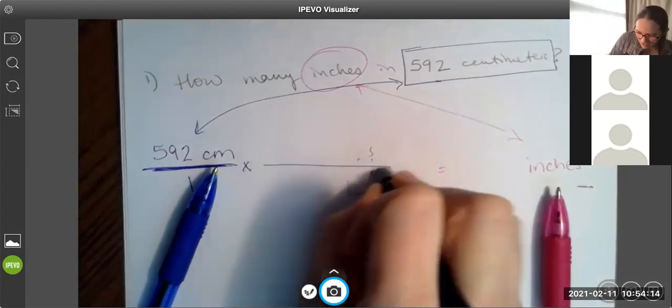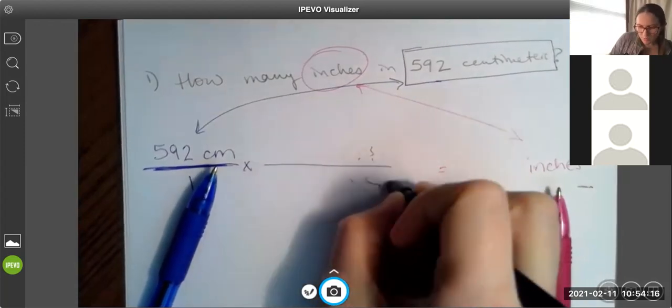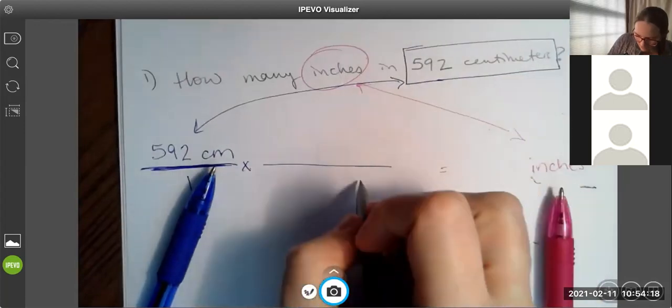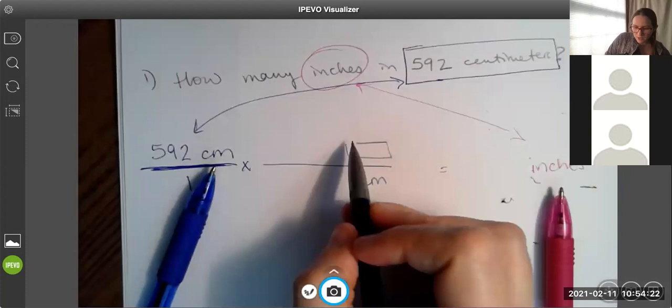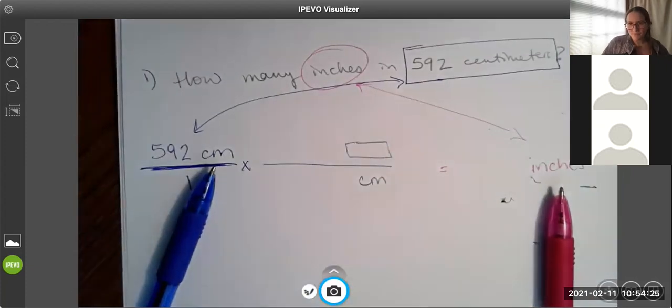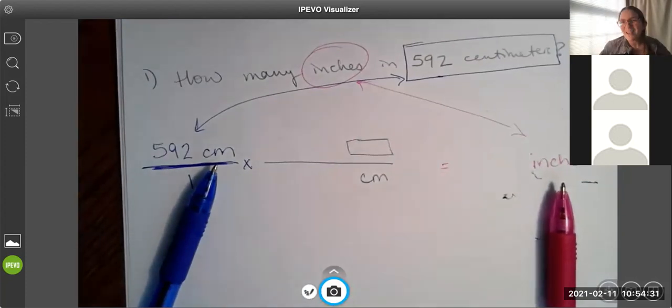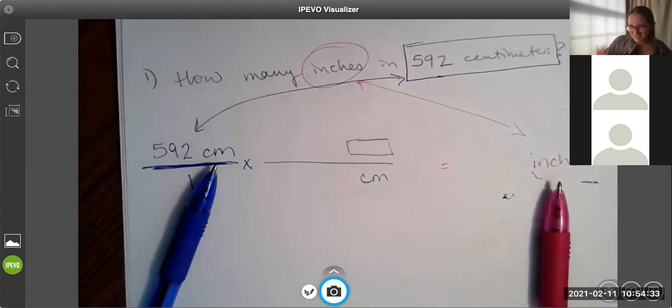There you go. Now we have centimeters on the bottom. Do we get rid of centimeters this way? Yeah. Say it again with gusto and confidence. You cancel it out. Exactly. Does that make sense?